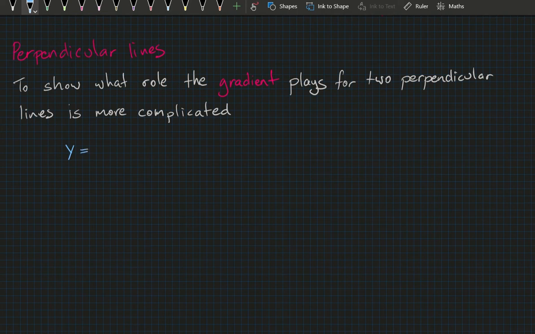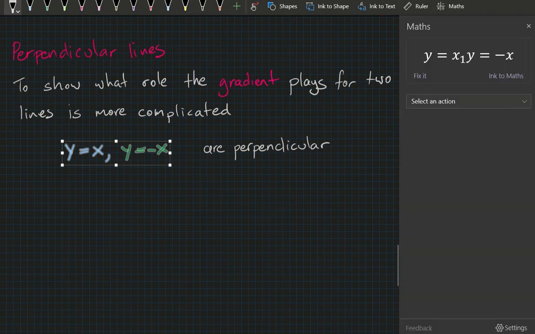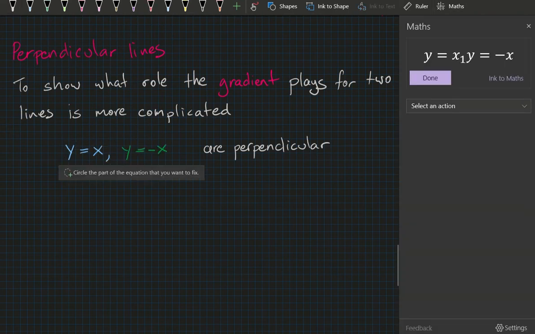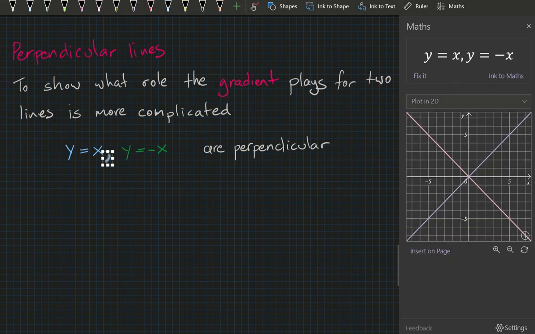The lines y equals x and y equals minus x are perpendicular. Let me show you with OneNote. If I select these two, I'm able to graph both of them with the maths function. But first I need to fix it. Okay, when you see the two equations with a comma in between them, if I select the action to plot in 2D, there you go.